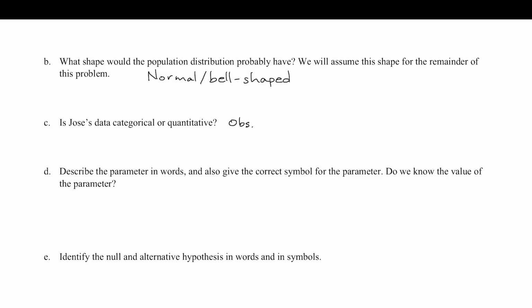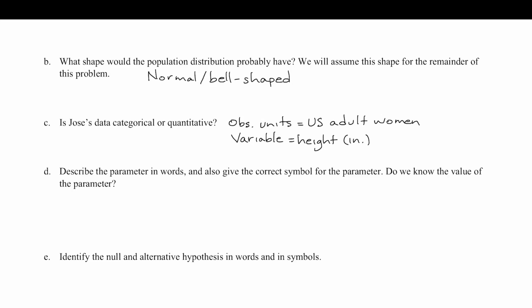All right, is Jose's data categorical or quantitative? So again, it's best for us to realize what the observational units are, U.S. adult women, and what piece of data did Jose collect from each of those women. That's our variable, which is height in inches.